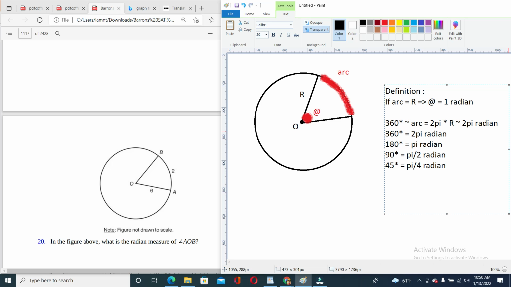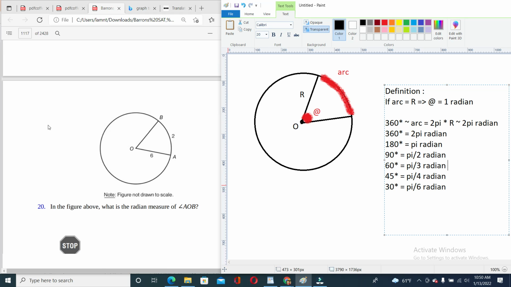So that's about radians. We're just using the definition: if the arc equals r, alpha is 1 radian. There are also some special angles: 30 degrees is pi over 6 radians, and 60 degrees is pi over 3. But that is not for this exercise, that's just some general knowledge.